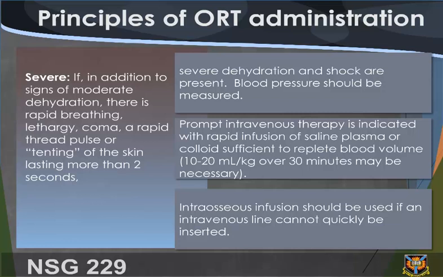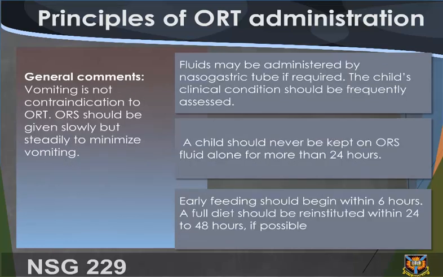Prompt intravenous therapy is indicated with rapid infusion of saline, plasma, or colloid sufficient to replete blood volume; 10 to 20 ml/kg over 30 minutes may be necessary. Intraosseous infusion should be used if an intravenous line cannot quickly be inserted.